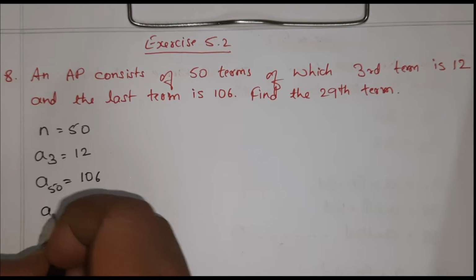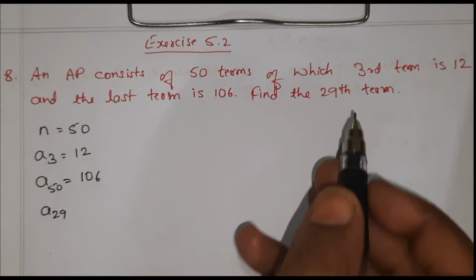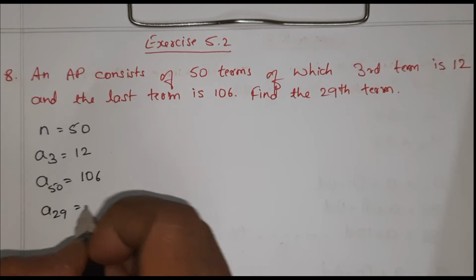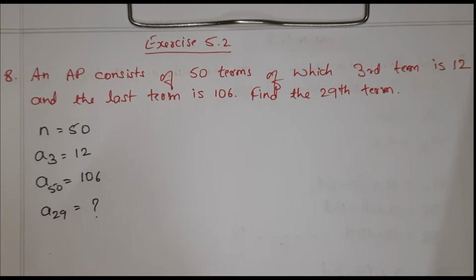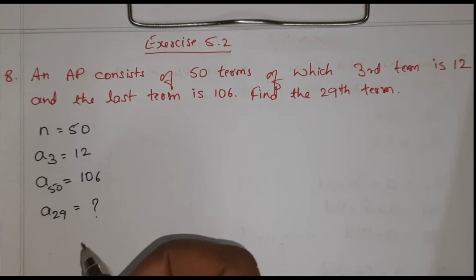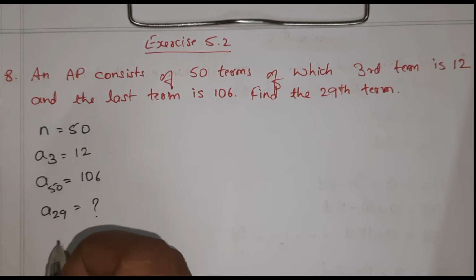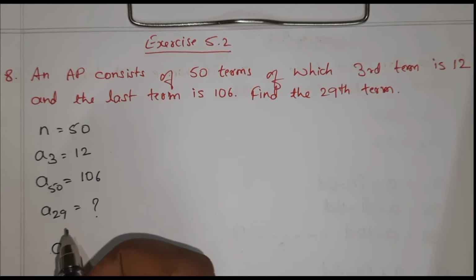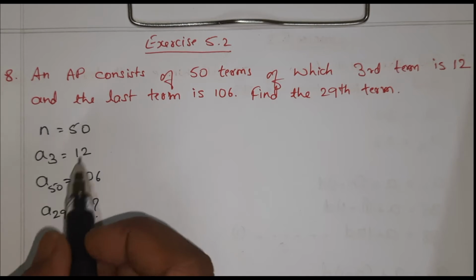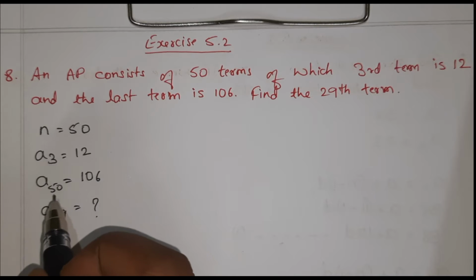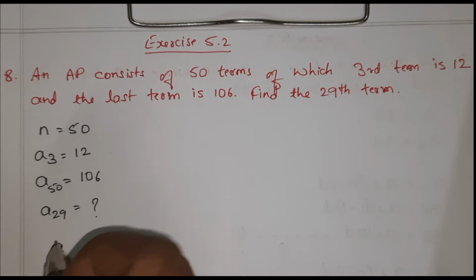Now we have to find the 29th term of this AP. For this question, we have to solve using equations. So we will make two equations from the given terms, that is A3 and A50.